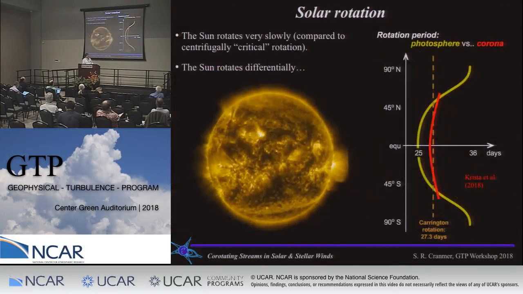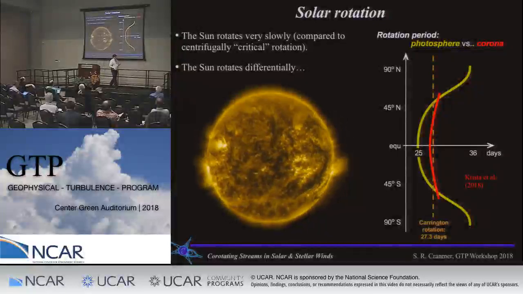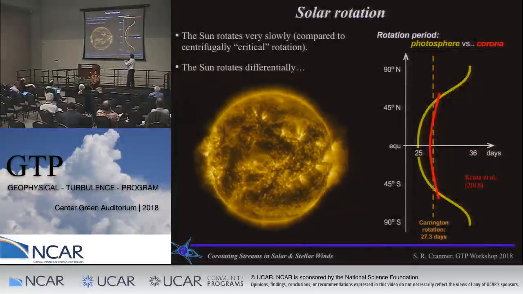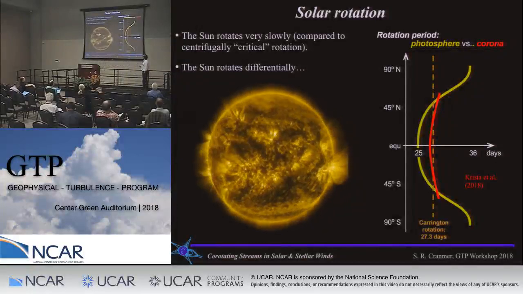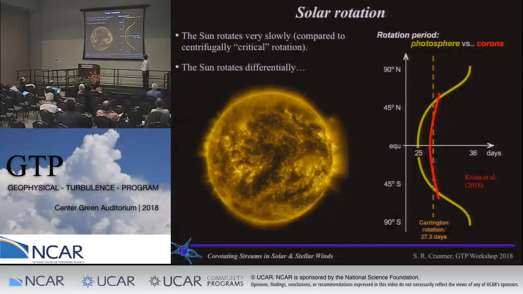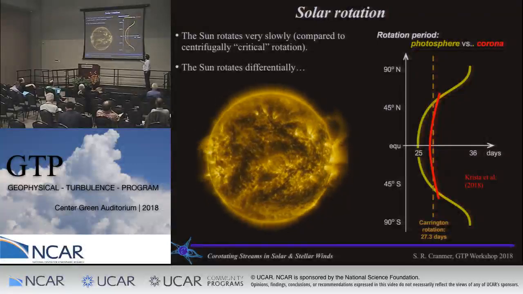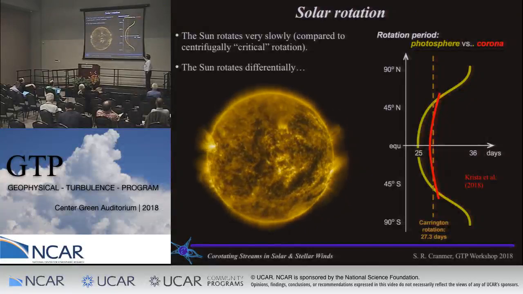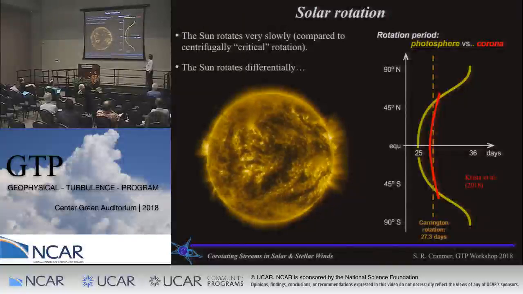But this all interacts with the rotation. That's the point of this. These fast and slow streams interact with the rotation. I'm sure people have talked at this meeting a lot about differential rotation, right? We've seen the solar interior properties of differential rotation. But when you go up from the surface, there are also radial changes in the latitudinal distribution of rotation, right?